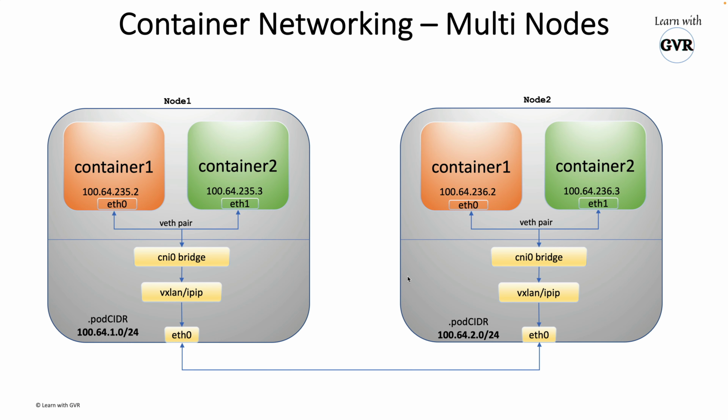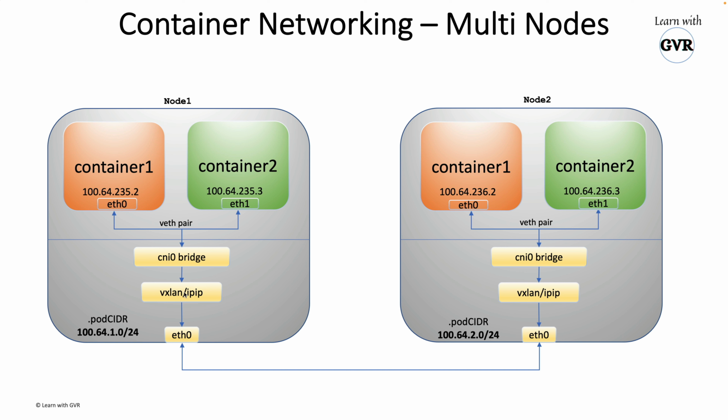And what about two different nodes, node 1 and node 2, where these containers want to communicate? Same thing here, but whenever you install any CNI, that CNI comes with VXLAN or IP-in-IP, where one IP packet is embedded in another IP packet, which is a networking concept.